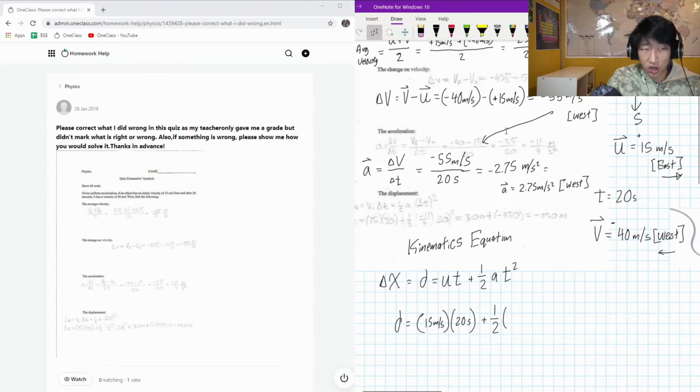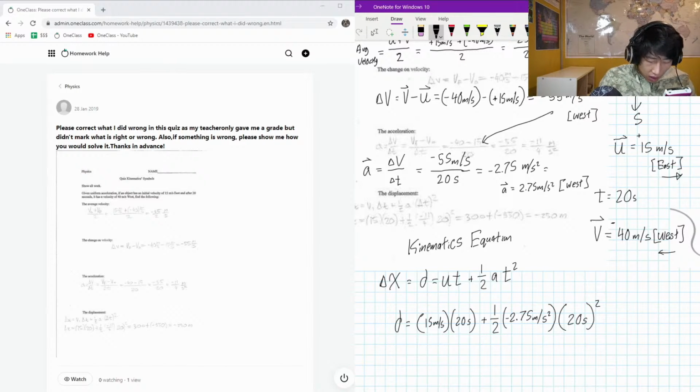In the previous question, we calculated it to be negative. That's very important. It's negative 2.75 meters per second squared, multiplied by t squared. And t is 20 seconds, but we've got to square that. So 20 times 20, 400.